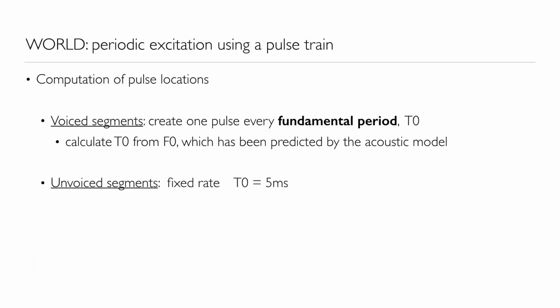So we take the synthesis module of the WORLD vocoder, and the first thing it does is create a train of pulses in the time domain, in the waveform domain. These pulses are 5 milliseconds apart if the segment is unvoiced, and if the segment is voiced, the distance between these pulses is the fundamental period, which is 1 over the fundamental frequency.